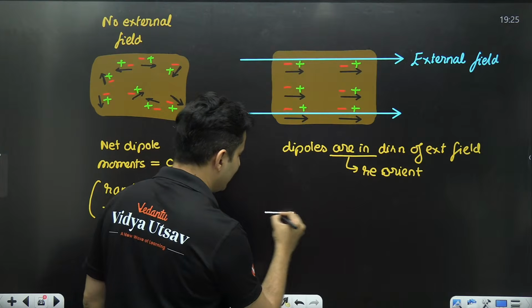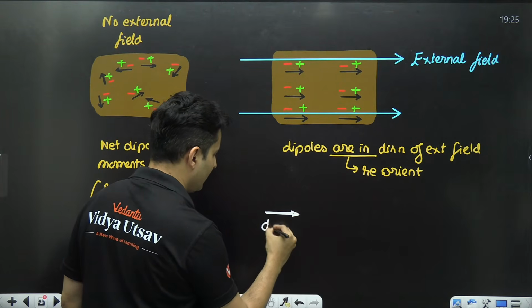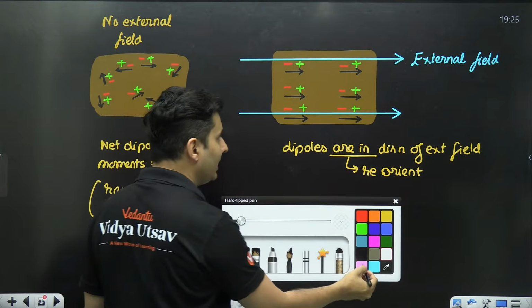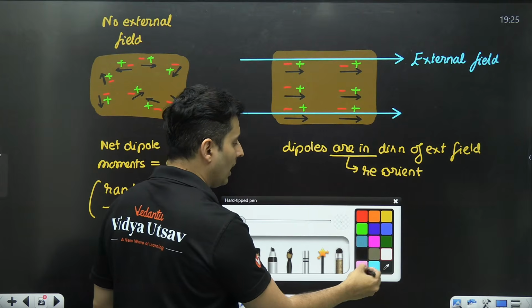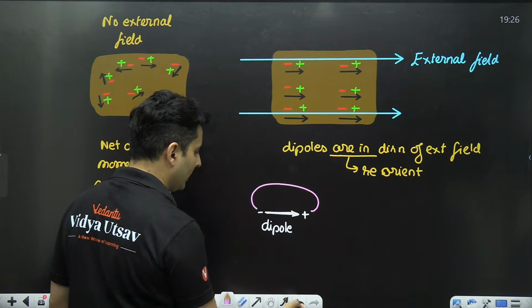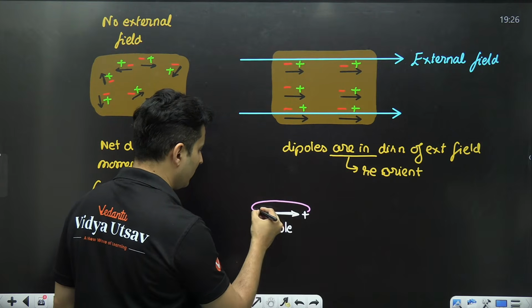Because of that, what will happen, guys? Imagine if this is a dipole, this is positive, this is negative. Then the electric field because of the dipole will go like this and go like that.